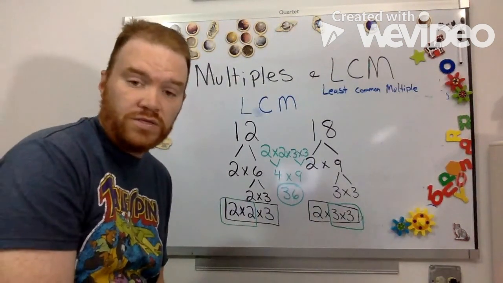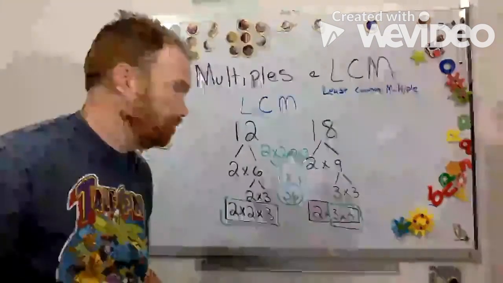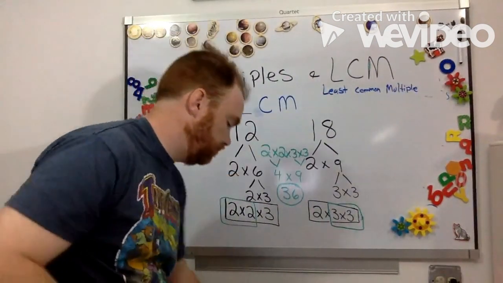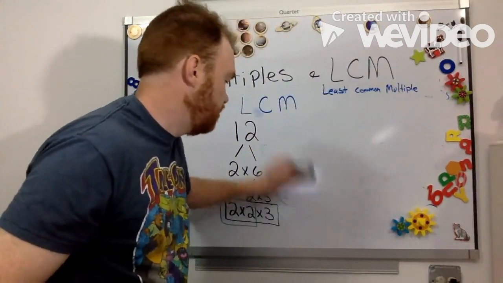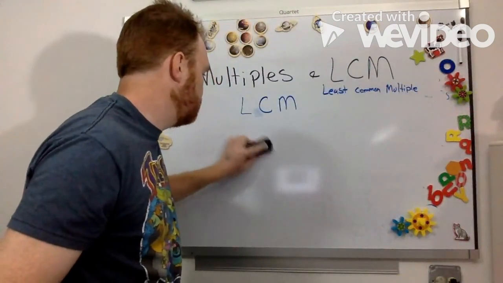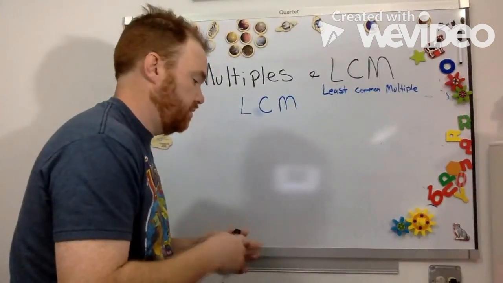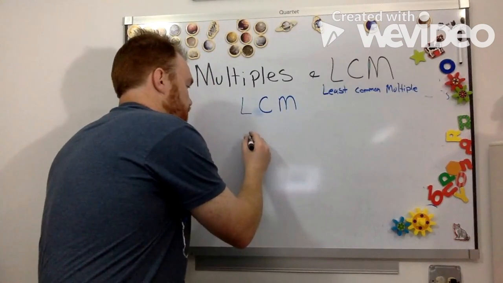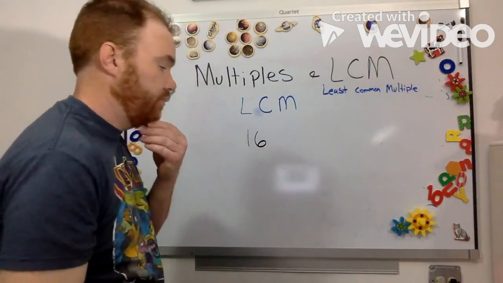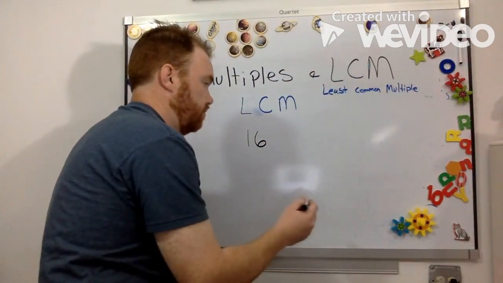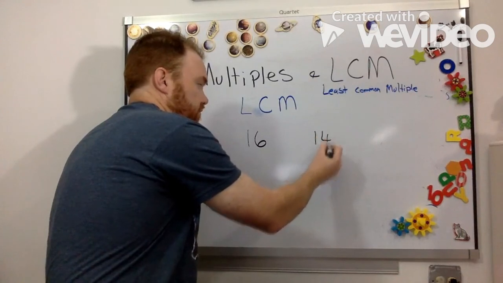Okay, here's another moment to pause, and I'm going to give you 2 more to do. Let's find, using factor trees, the least common multiple of 16 and 14.